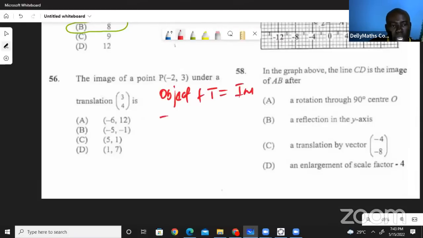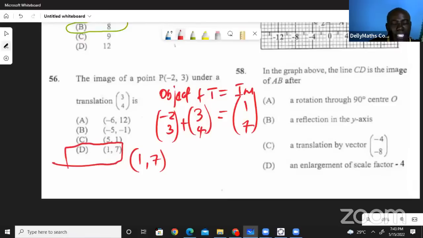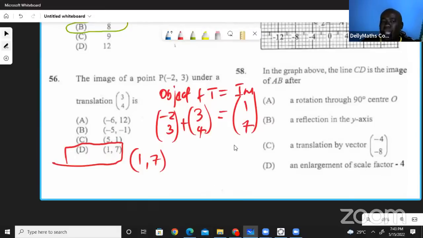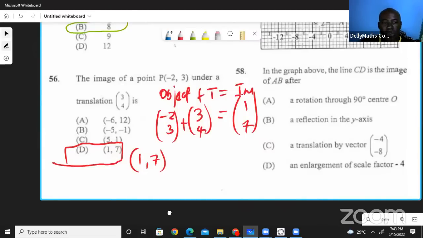So the object (-2, 3) plus your translation (3, 4) is going to give us our image, which is (1, 7). But as a coordinate, (1, 7). Our answer is D. So there it is, we got our image. Remember, object plus translation gives you image, and that is what we use right there. And we came out victorious.